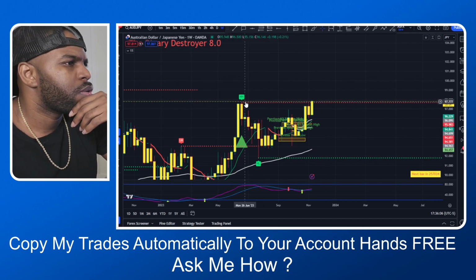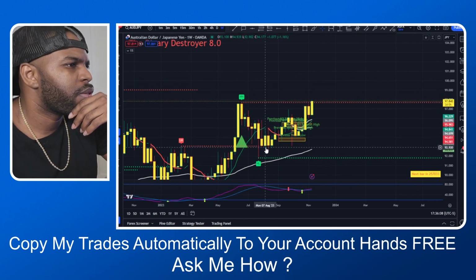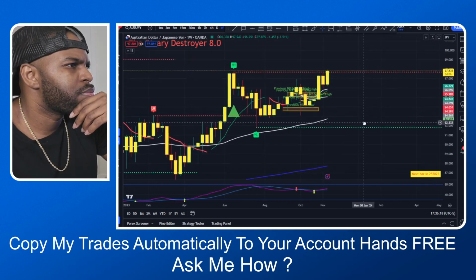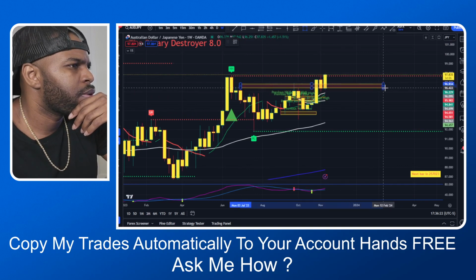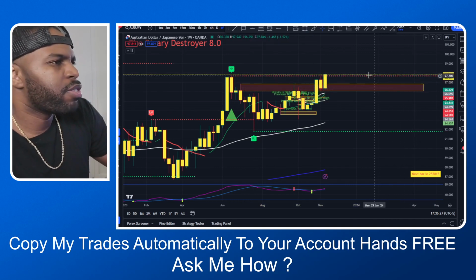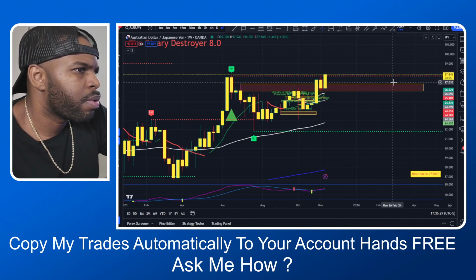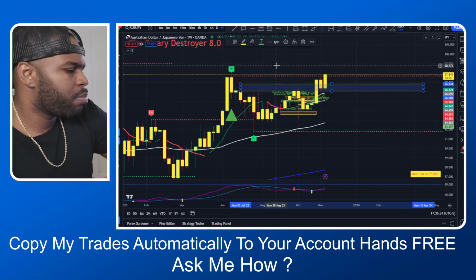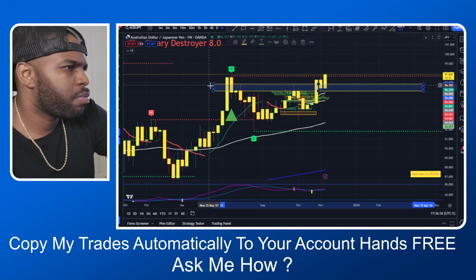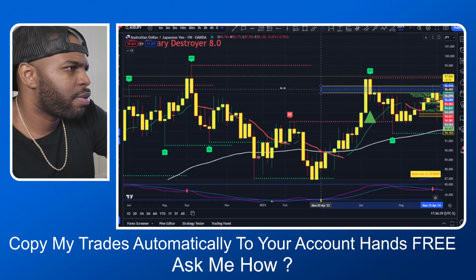All right, so higher high, higher low, higher high. So we're at a higher high here. What could play out here is that this could be an area of interest right here, where price can come back down and reject this area.